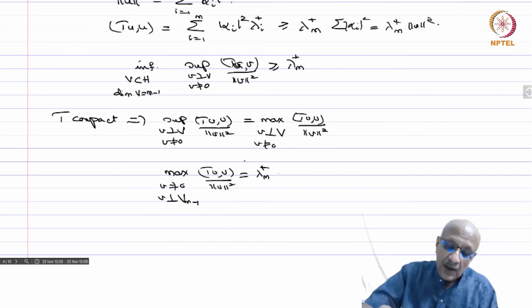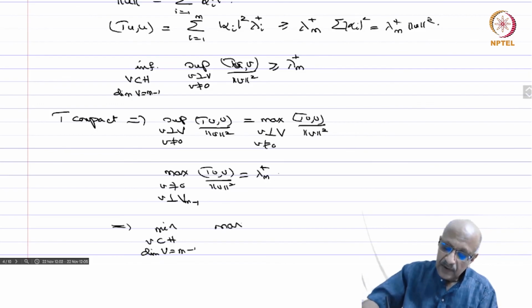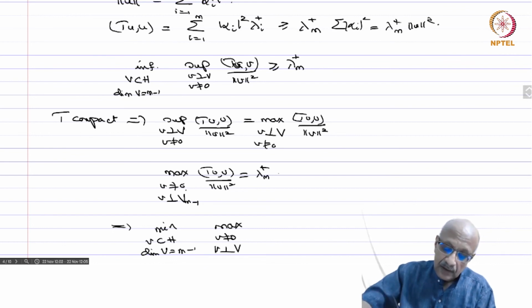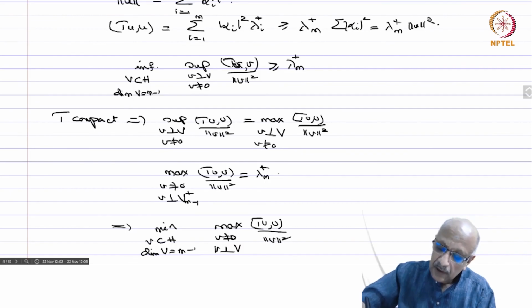So there is one space for which this is attained, and therefore this implies that the min over all V contained in H, dimension V equals m minus 1, of the max over v not equal to 0, v orthogonal to V, of T v v by norm v square is in fact equal to lambda m plus.